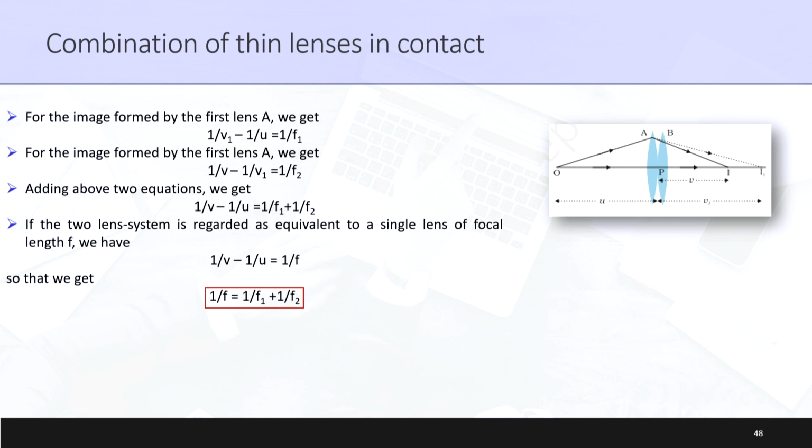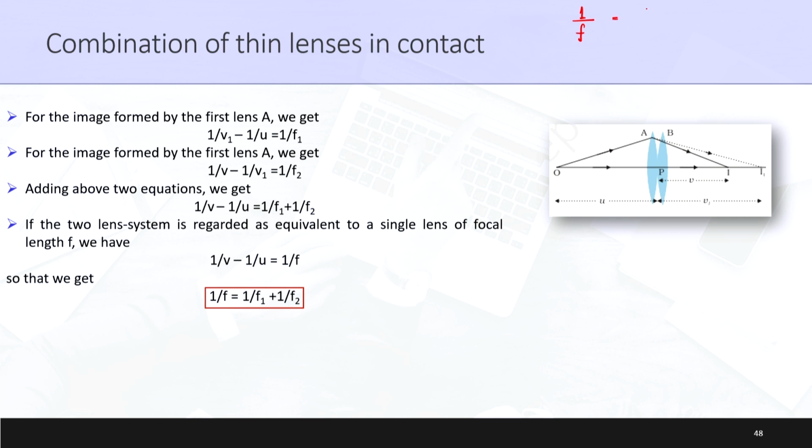Now, just simple mathematical formulation using the lens equation, and then finally we can find out the value of focal length and the power. So for the image formed by the first lens A, we use the simple lens formula. Let me write it also so that I can explain it more clearly. We know the lens equation. What is the lens equation?